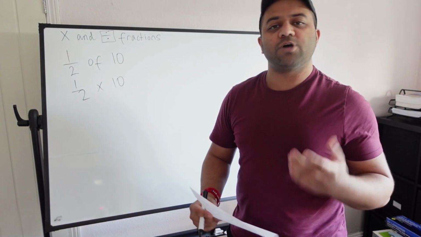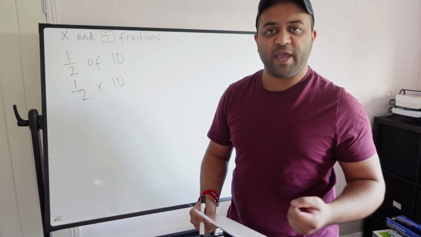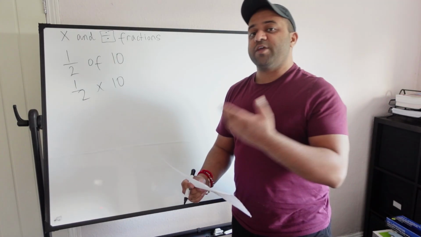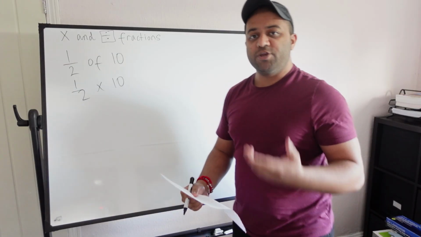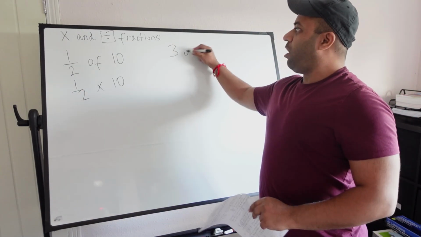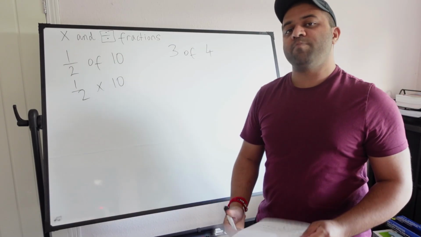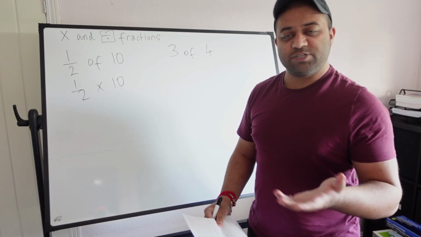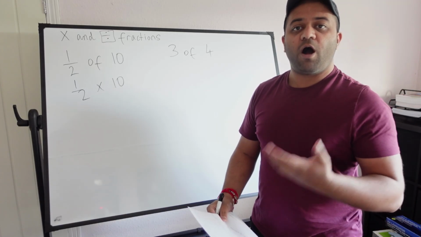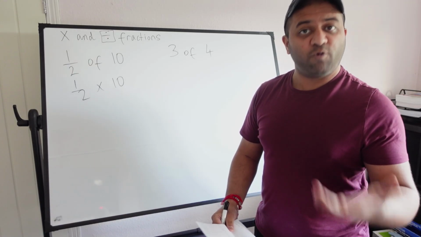Now, why is of the same as multiplication? Well, what if I were to write down something else but without fractions and using the word of? What if I were to write down 3 of 4? Now, that as a sentence doesn't quite make sense. So what if I were to reword it like this? I have 3 of these 4s.